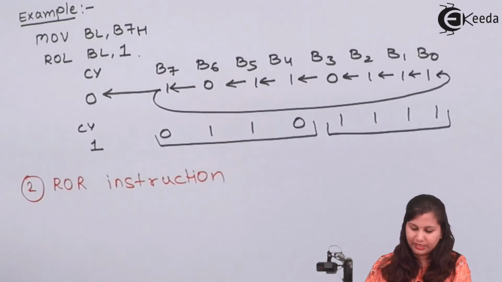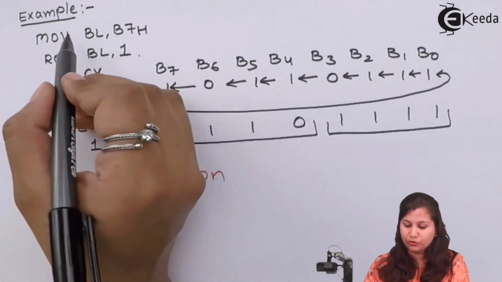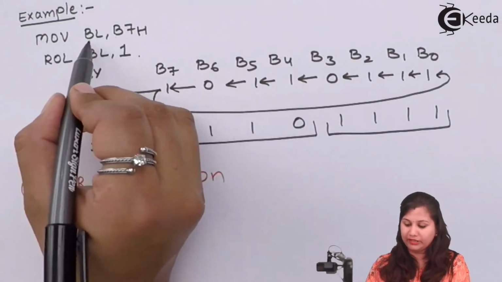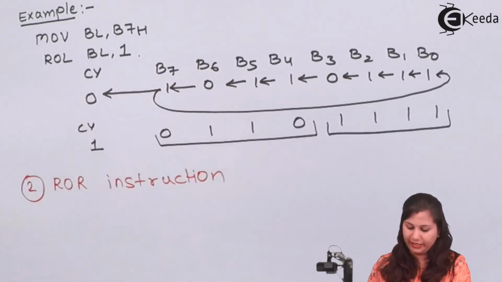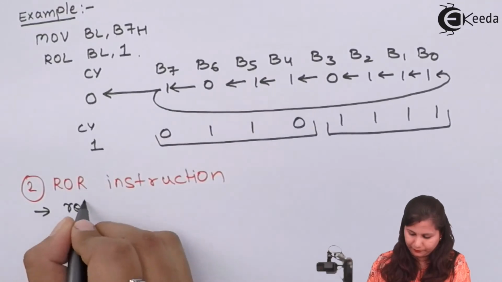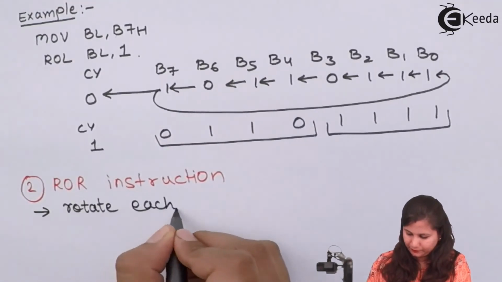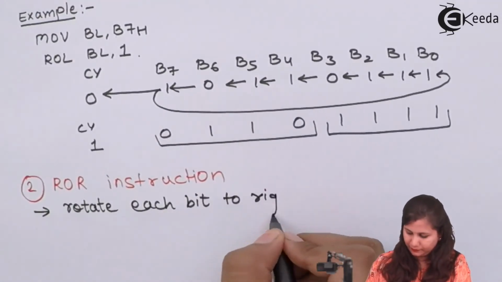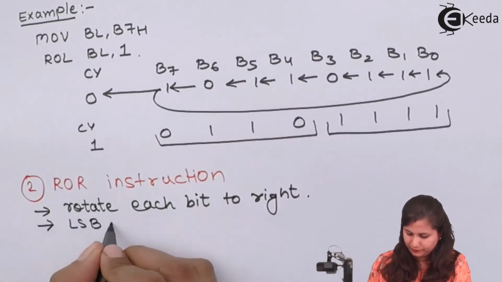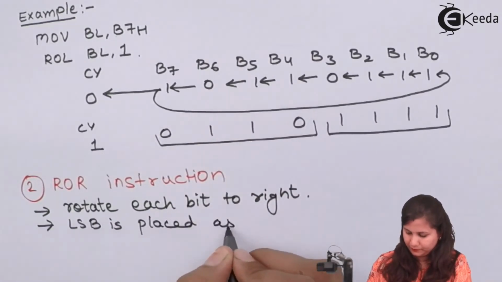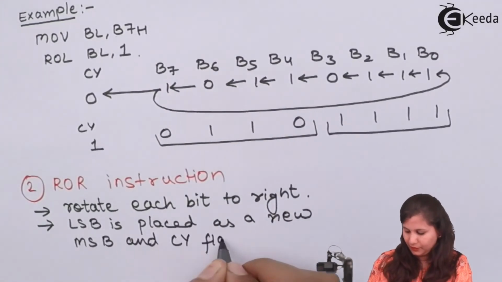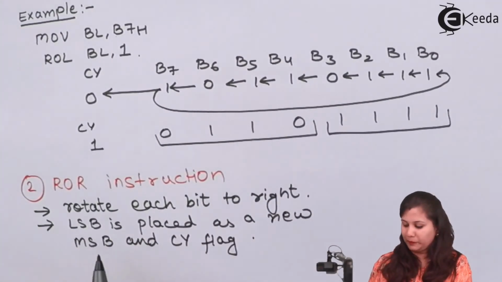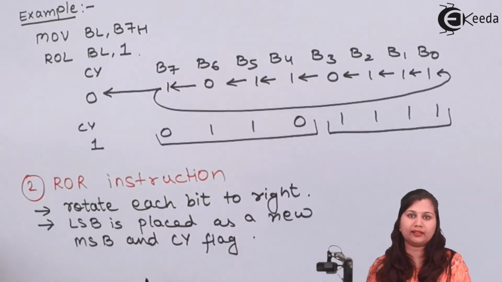So again we will take the same example. We are going to take the register BL having the same contents B7, but here we will rotate it to the right hand side. The LSB is now going to be placed as a new MSB and the carry flag.